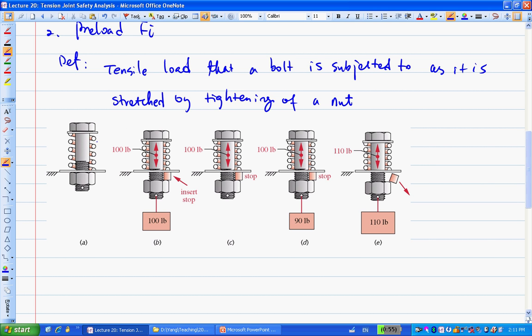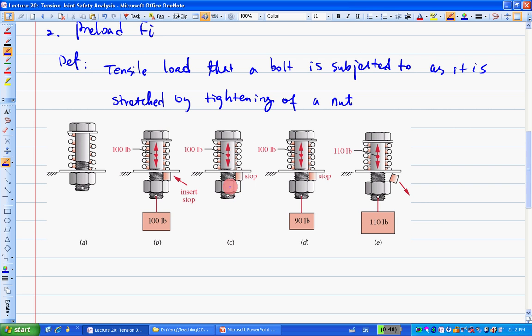If you tighten it, it's as if you put a spring down by 100-pound force. Once you apply the 100-pound force, you put a little insert here, and you let it go. Basically, there's going to be 100 pounds of force right here. It's a clamping force of 100 pounds.